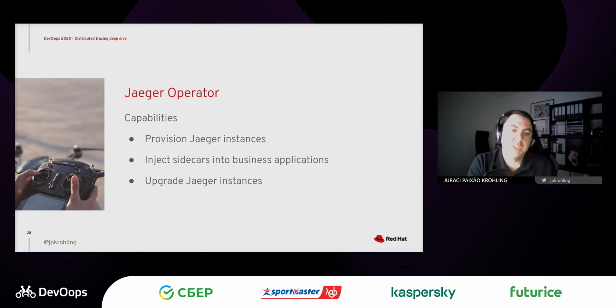Whenever I upgrade my operator from 1.20 to 1.21, the operator is going to take a look at all my Jaeger instances in my cluster, find all the 1.20s in there, and upgrade them one by one to 1.21. It knows how to upgrade from 1.20 to 1.21 because we, the developers of the Jaeger operator, go over the change log for Jaeger for version 1.21, and then we see what needs to be done to bring a 1.20 instance to a 1.21.